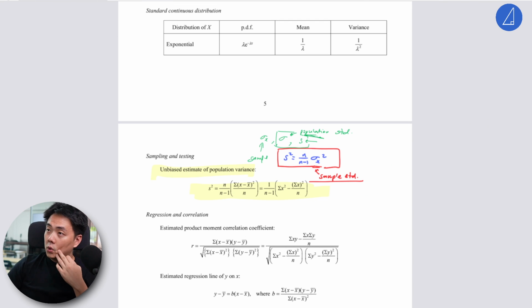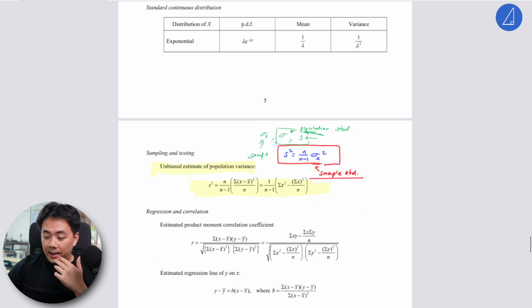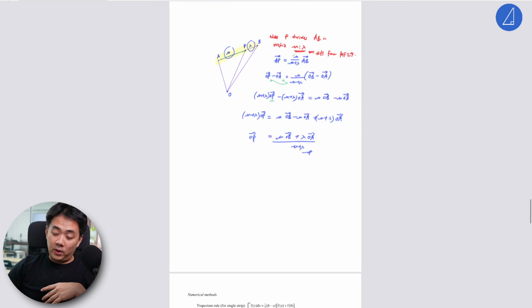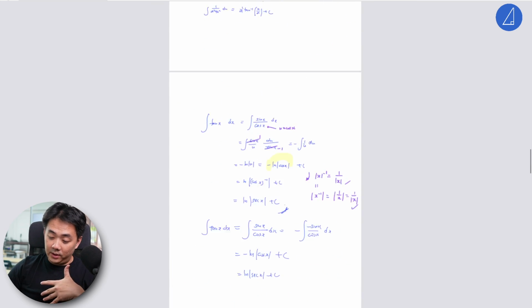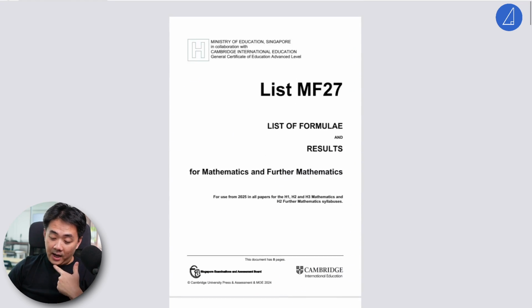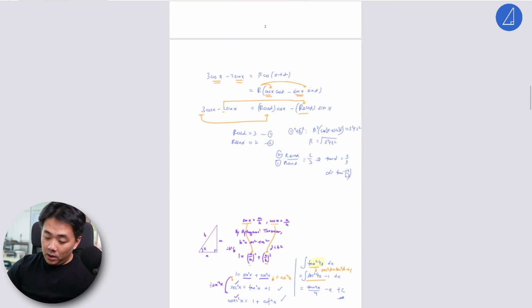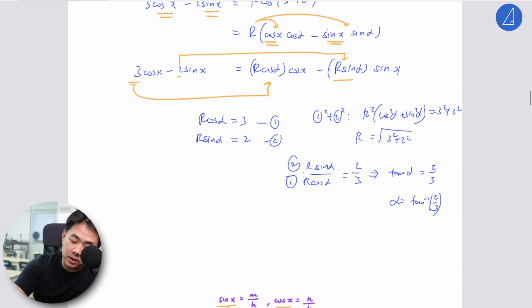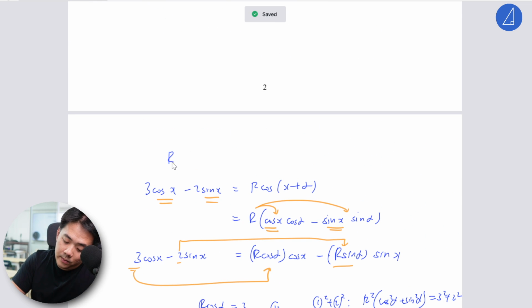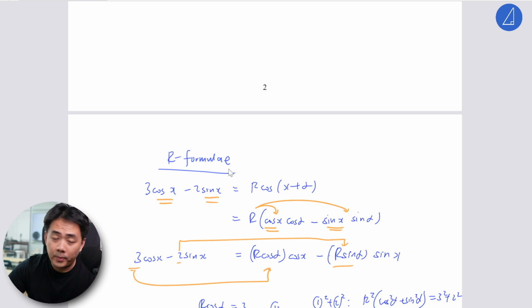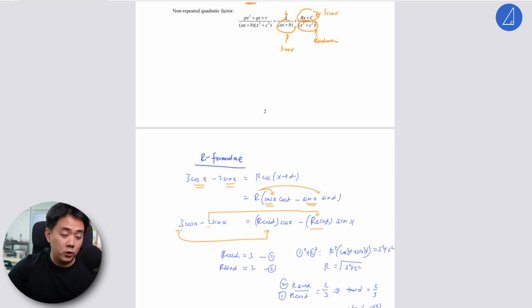Now the next part is to understand what formulas are given in MF27 and what formulas are not given in MF27. I think I will consolidate everything here. So at a glance, remember our formula is not given in MF27. The shoelace method is also not given.